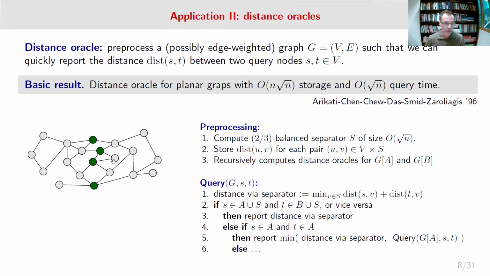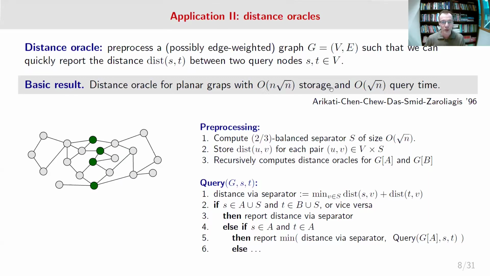So let's say both are in A, then I also compute the shortest path in the subgraph for A, using the distance oracle I have for that part, and I report the minimum of a path via the separator and a path that stays inside A. Okay, and for B, it's the same thing.